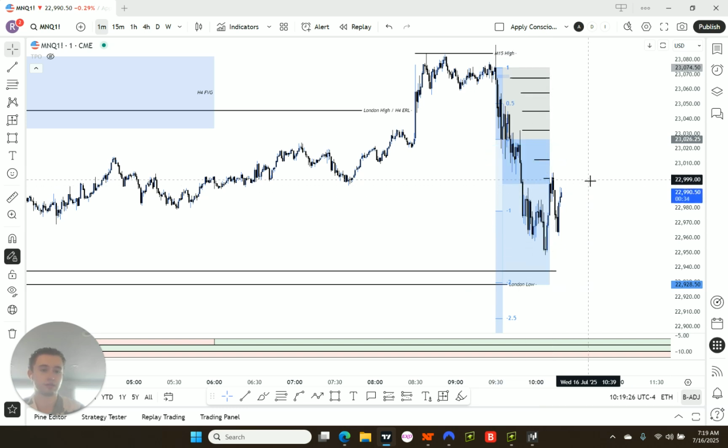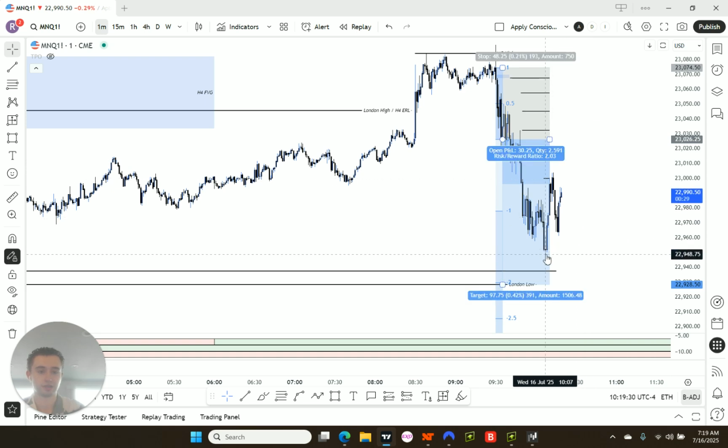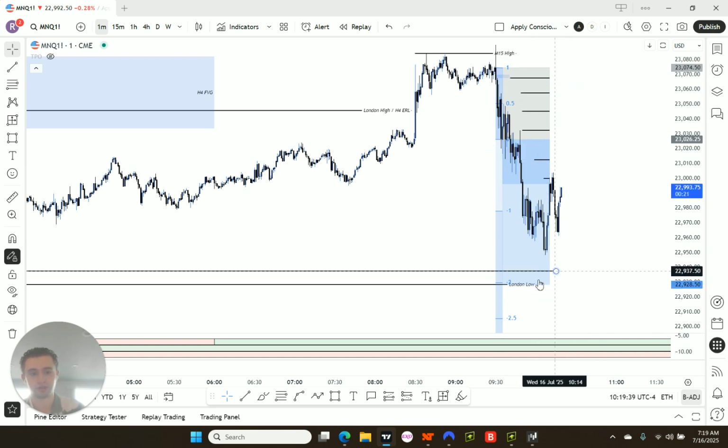I mean, about 13,000 was available here. I didn't take it though because it's not how I do it. It needs to go much further down into this area to be able to leave a runner while also taking 1.5R off.